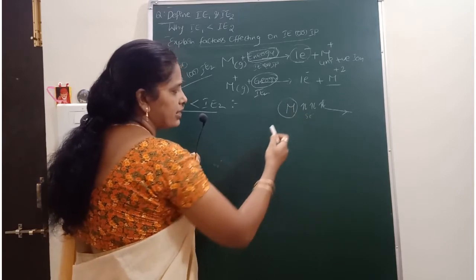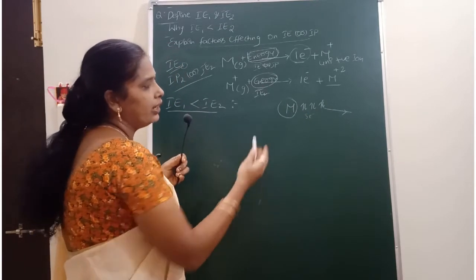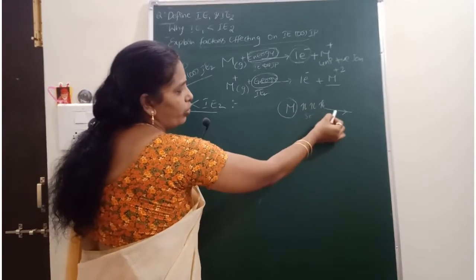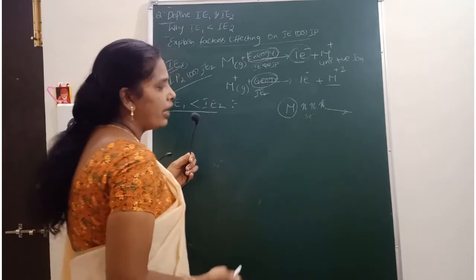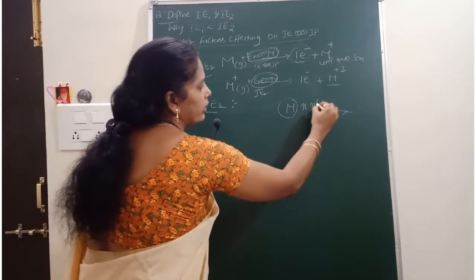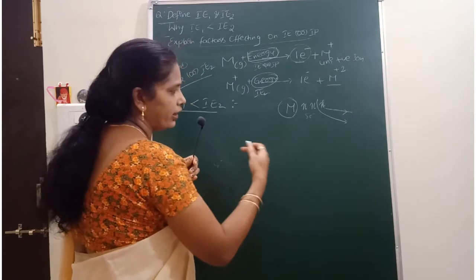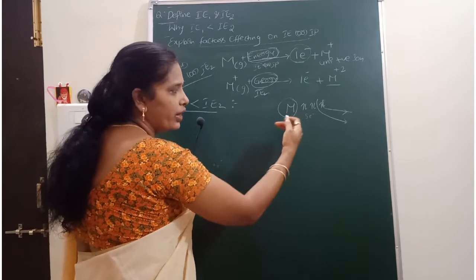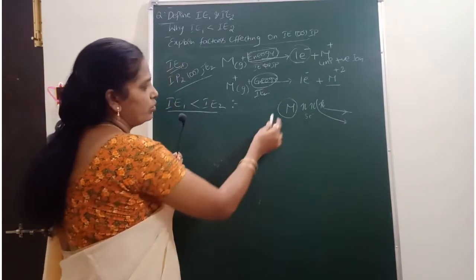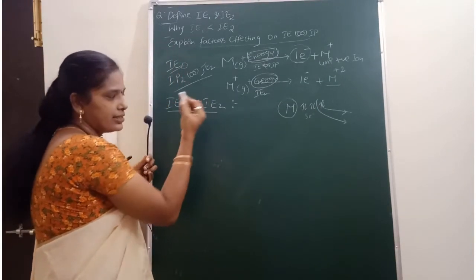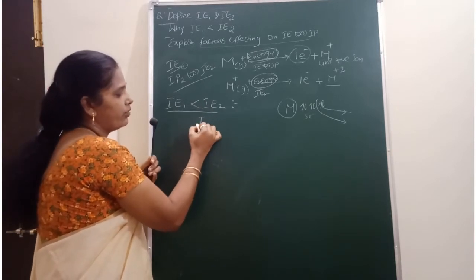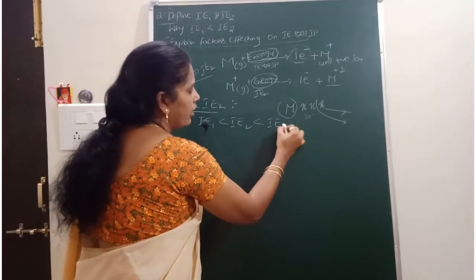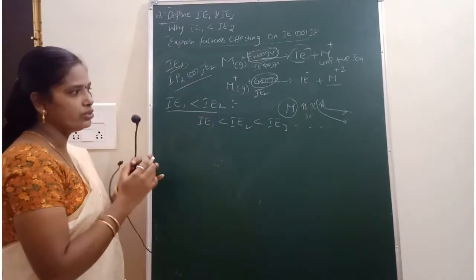So removing the second electron needs extra energy, because the attraction is greater. That's why IE1 is less than IE2. The order is IE1 less than IE2, IE2 less than IE3, and so on.